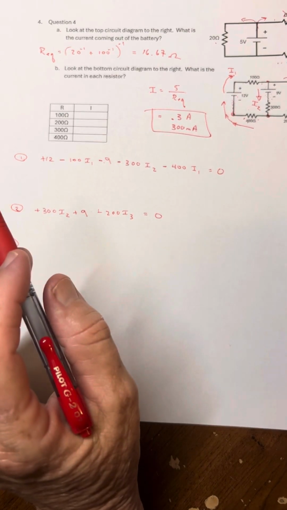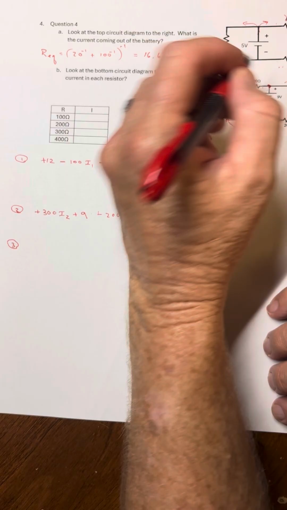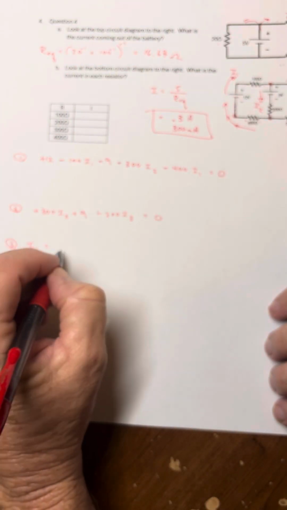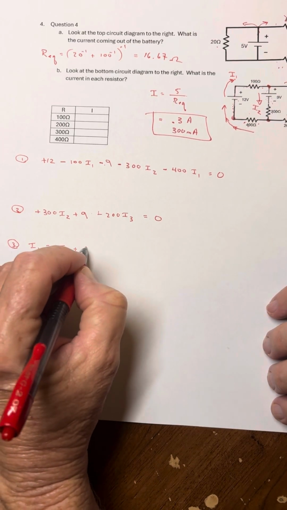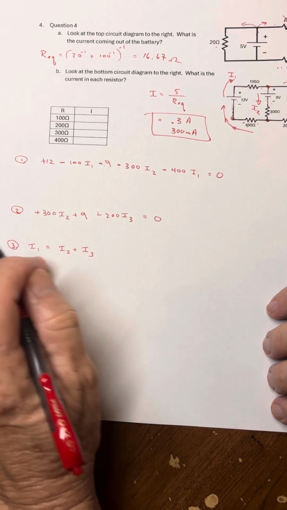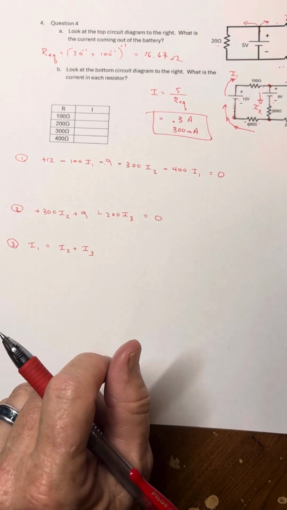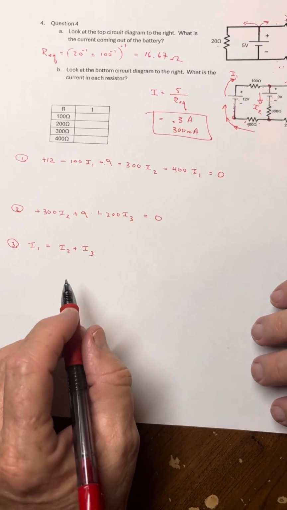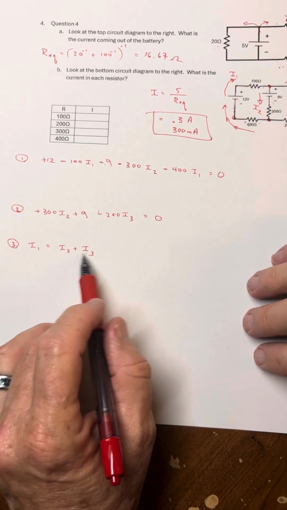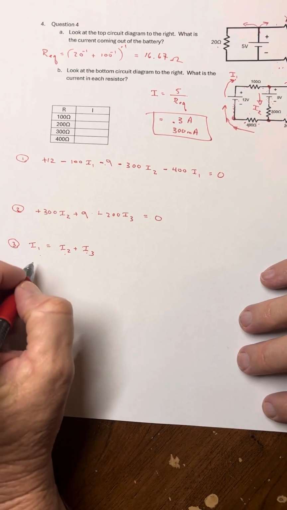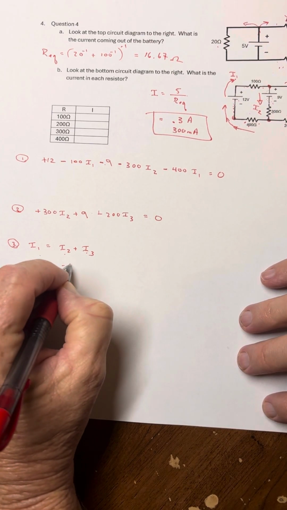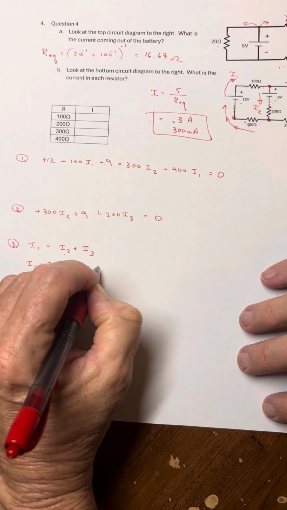But the other one would be this node. And again, conservation of charge says what comes in must be equal to what comes out. So 2 and 3 come out, and number 1 goes in. Now, simplifying all these equations and putting all the unknowns on one side, I guess I'll write this as I1 minus I2 minus I3 equals 0.